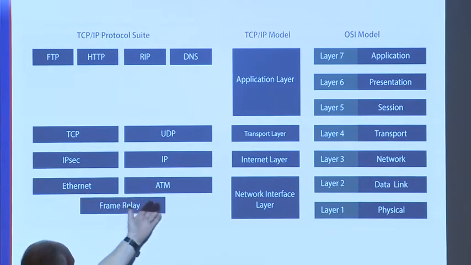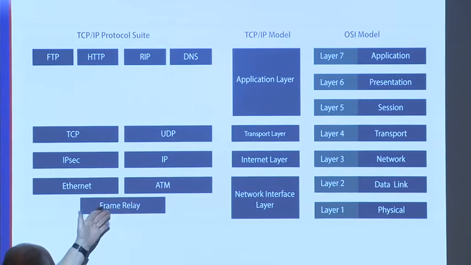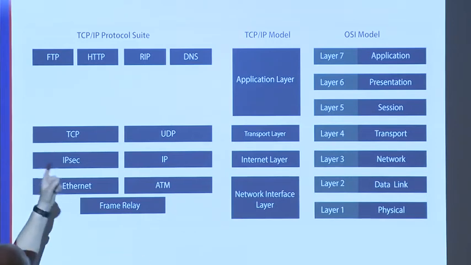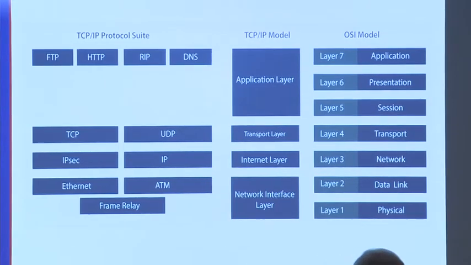As we take a look at layer 2, you've got Ethernet, asynchronous transfer mode, and frame relay. So if they ask you at what layer of the OSI model frame relay runs, it's layer 2. The protocols at the top are application protocols. The one you might have a question about is RIP, the Routing Information Protocol.